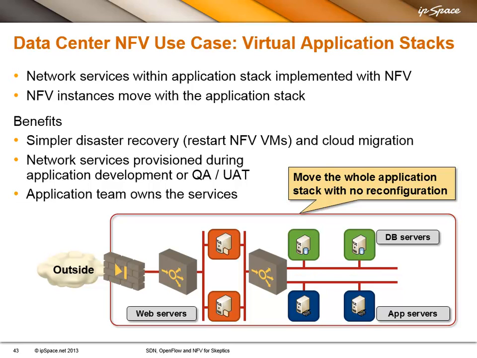Traditionally, these services would be implemented in network appliances. When you want to move the application stack from data center A to data center B, you can't do it because you can't move the appliance. You have to have a similar appliance already resident in the other data center.